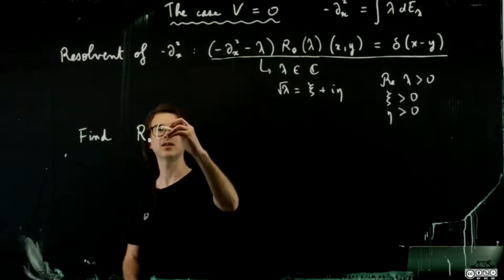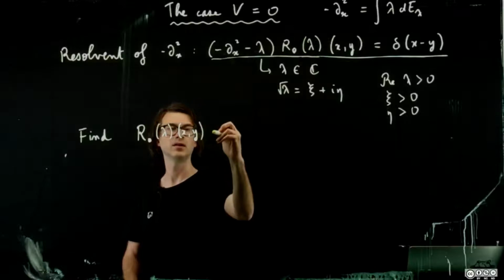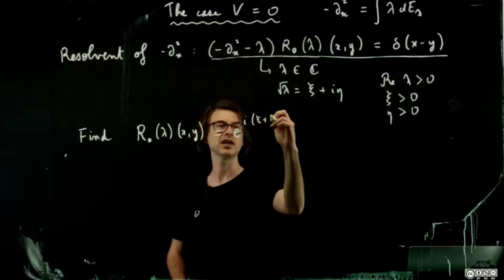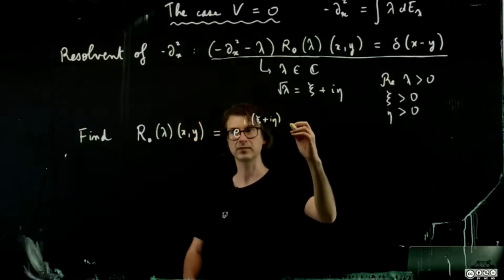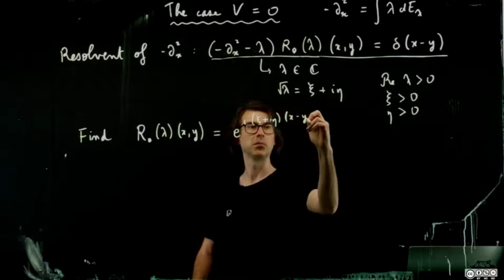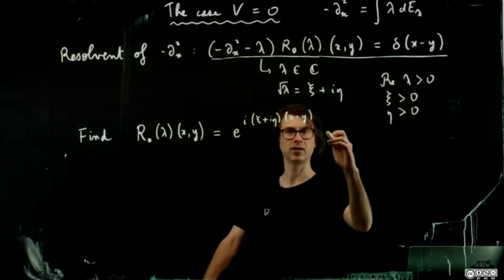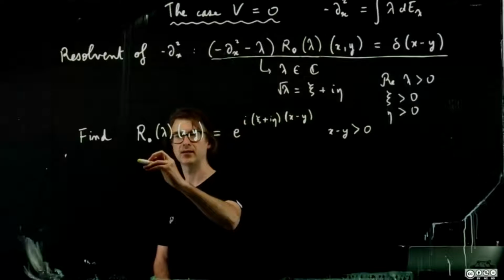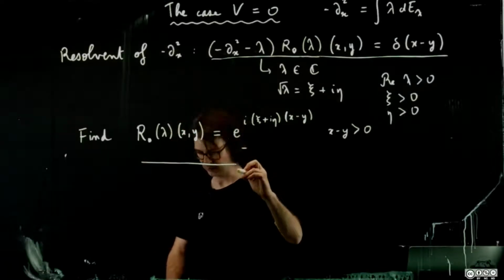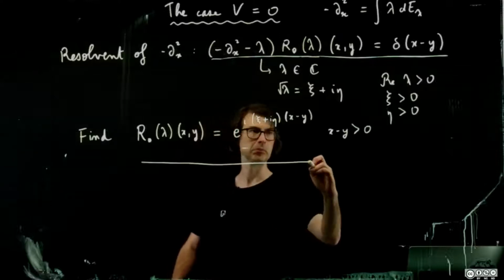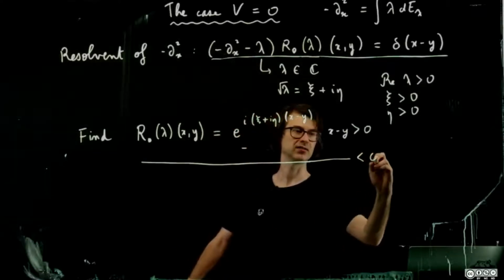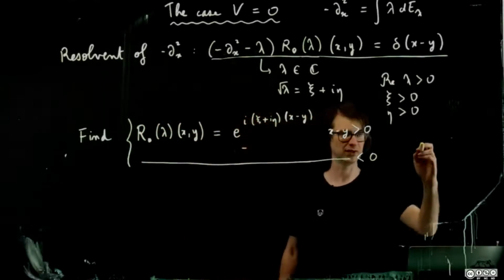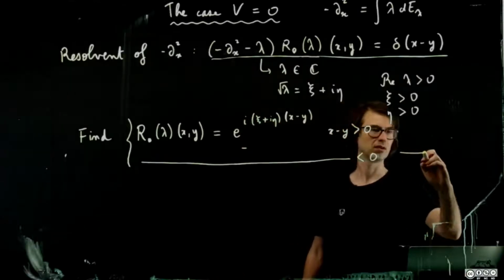R0 of lambda of xy is e to the i (xi plus i eta) times (x minus y) if x minus y is positive, and the same thing with a negative sign if x minus y is negative. Right, so if I draw the graph, that's the graph.